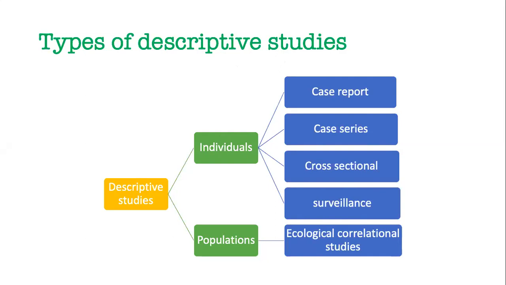A case series will be several individuals. A cross-sectional study is a small population or a sample of the population, and surveillance. We'll discuss that one at a time.